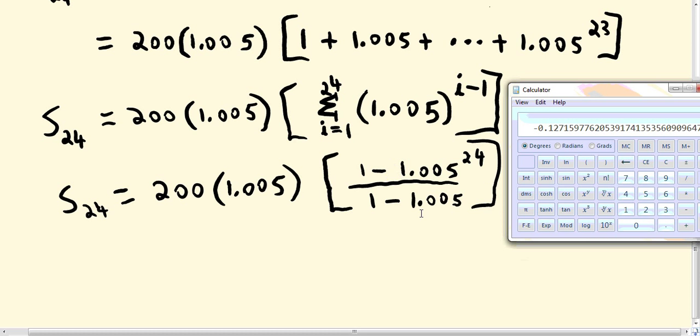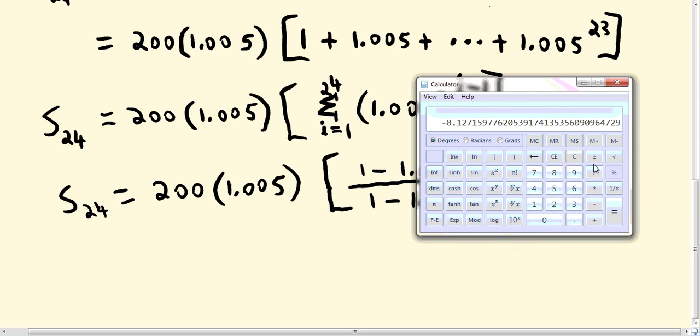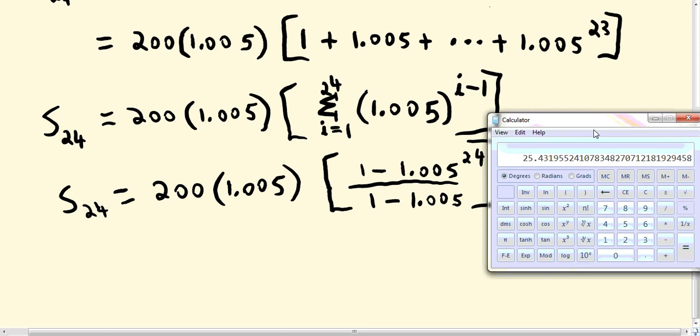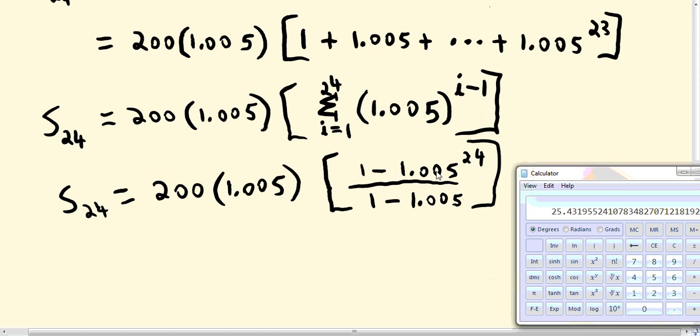And then I'm going to divide by 1 minus 1.005. So I'm going to divide that by, and I'm going to open a parenthesis, 1 minus 1.005. Close my parenthesis, and this is equal to, so this factor over here in the bracket amounts to a 25.4 with all those decimals.